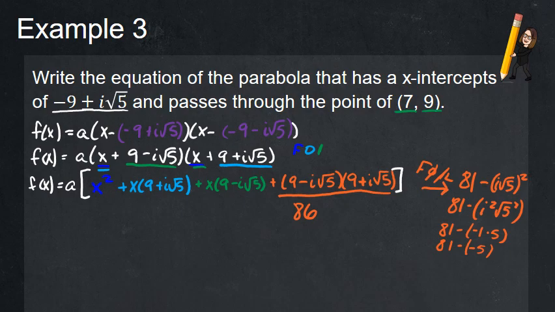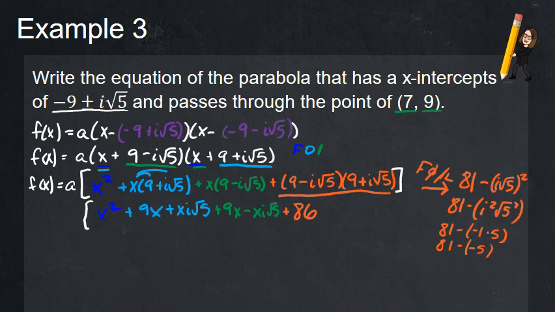All right, let's take a look at some of this other work over here. I'm going to keep the x squared. I'm going to distribute this x into the parentheses. Now it's going to look weird with that xi radical 5, but just go with it, because what you'll notice is when I distribute the next x, I get the same thing, just opposite signs.